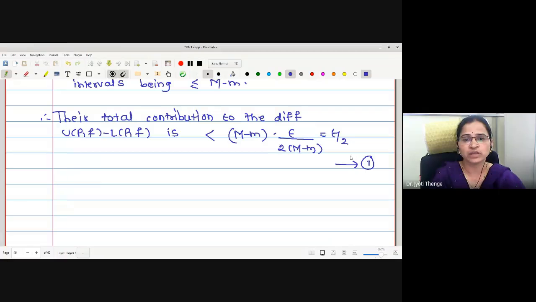Now what about the remaining subintervals? On the remaining subintervals, the function is surely continuous. Therefore, we will check the contribution.